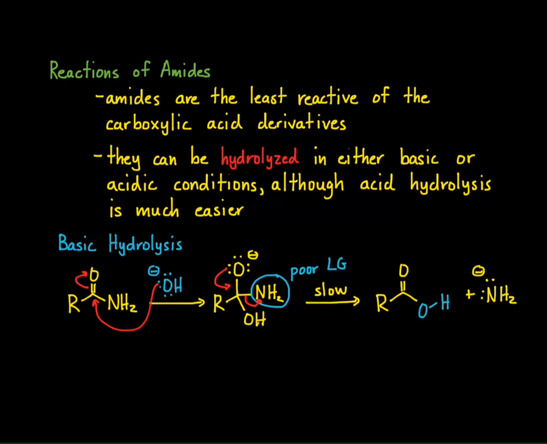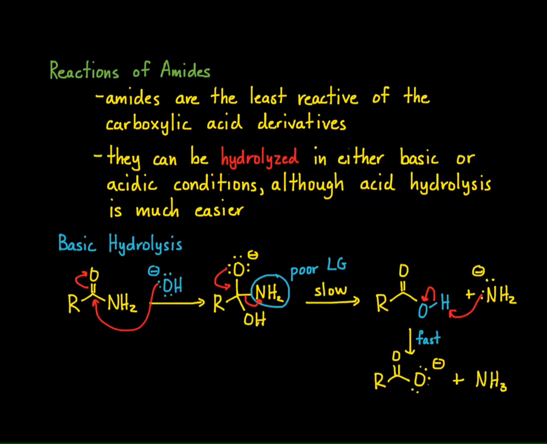And we know that amide is a very, very strong base, and so very rapidly that amide is going to deprotonate the carboxylic acid, and that is a very fast process to generate the carboxylate plus ammonia.